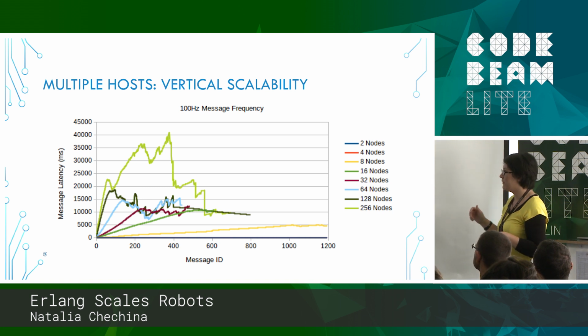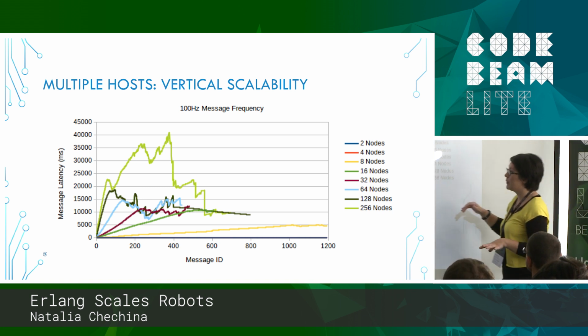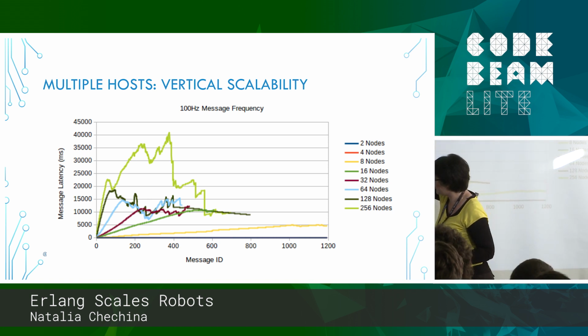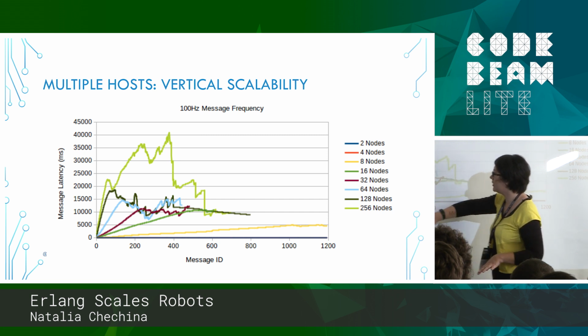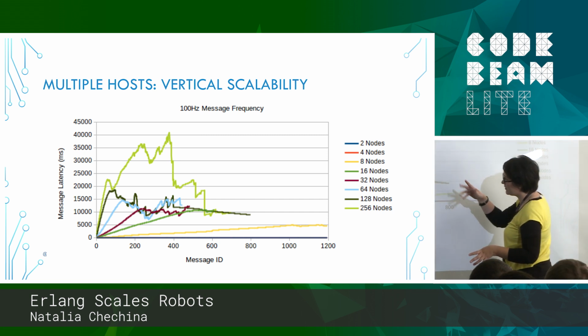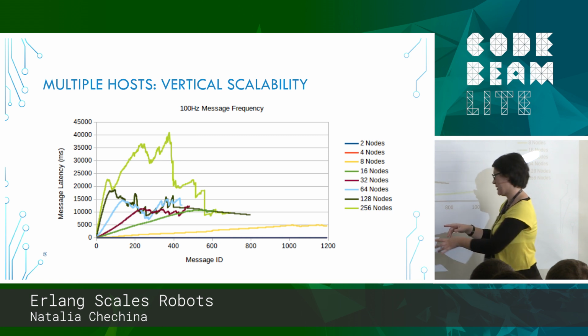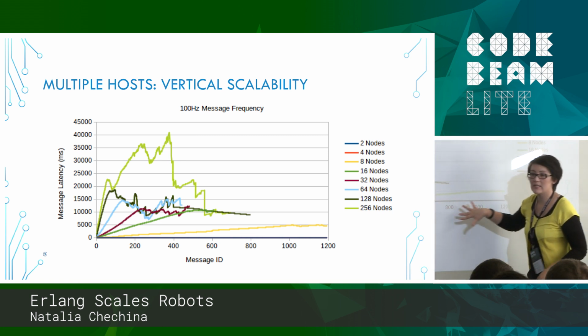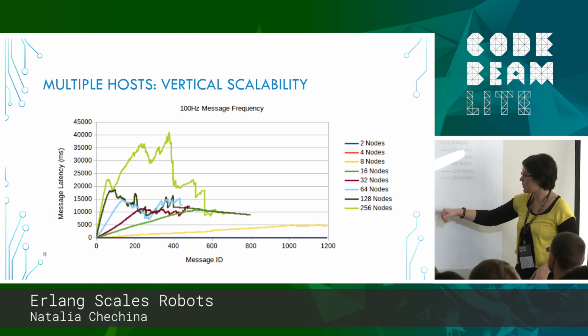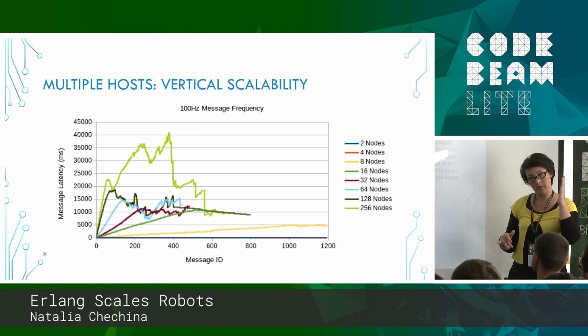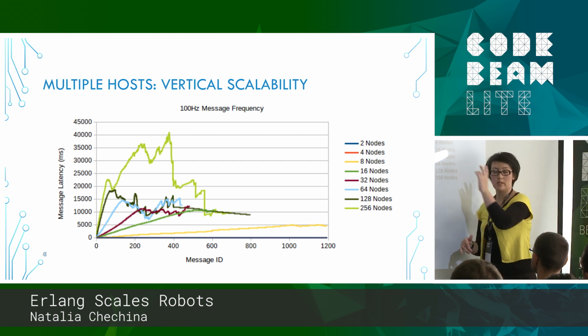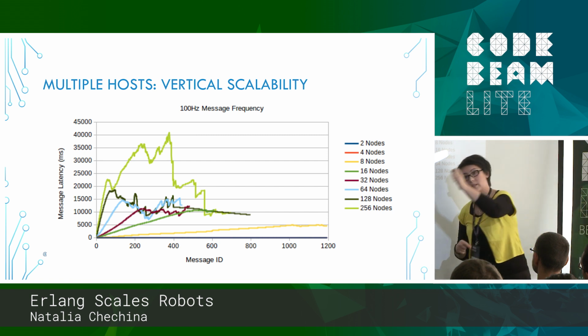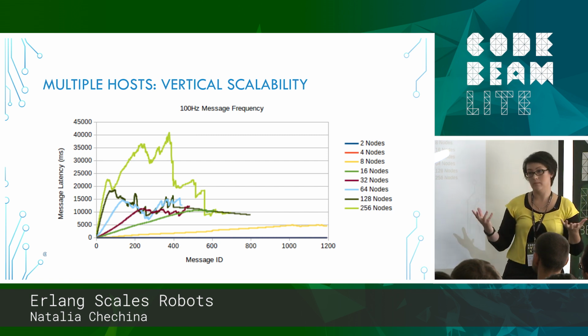And this is what we found. We plotted the message latency in milliseconds against message IDs. We were sending 1,200 messages, and for each message we recorded the time it took: it would send a message and return back, and we see the latency.